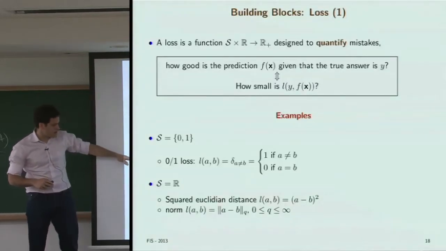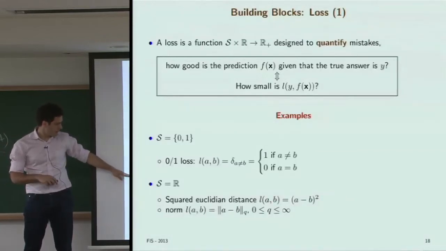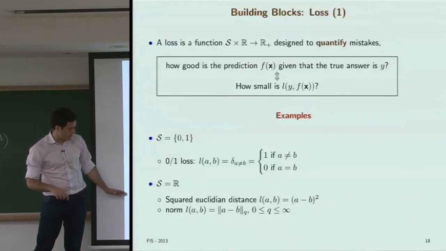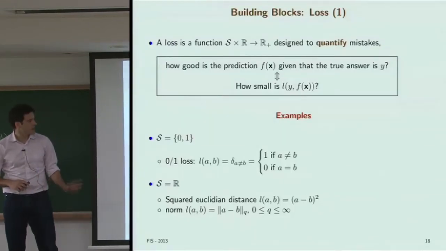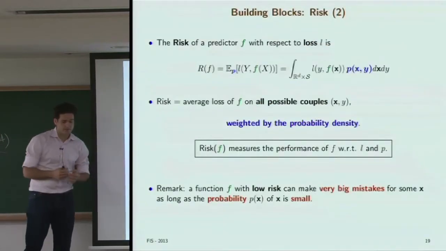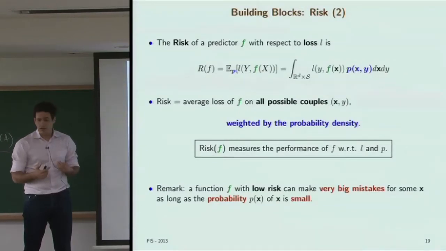If S is just binary, the set of 0 and 1, then we have mentioned the 0-1 loss, which is a loss of 1 if there's a mistake and 0 if not. If the output is R, then you can use the Euclidean distance between the two answers or any other form of norm. So that's the first block. The second one is the risk. From that loss, we can define what we call a risk.